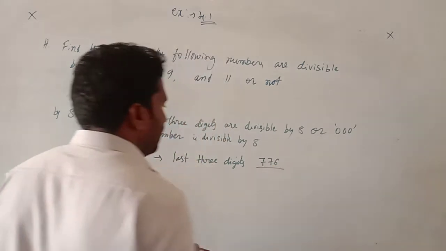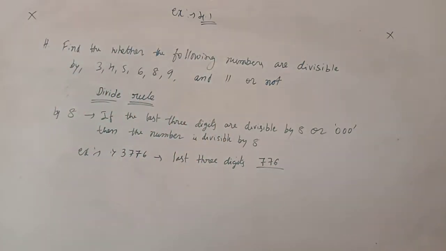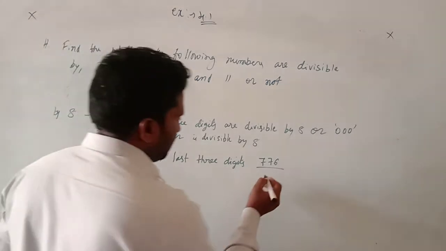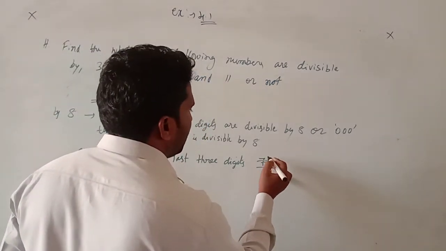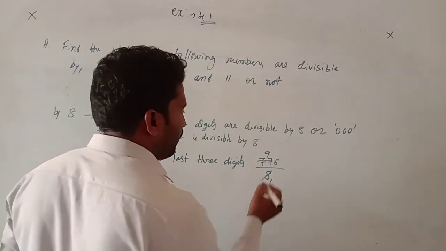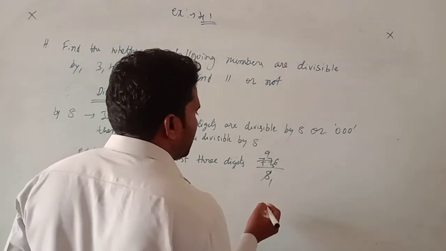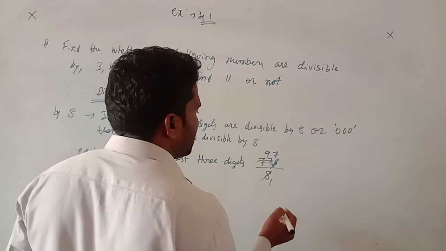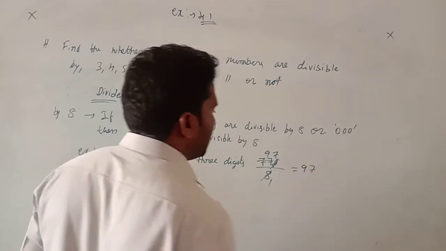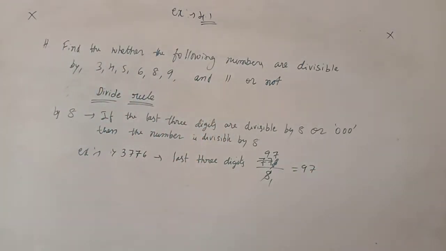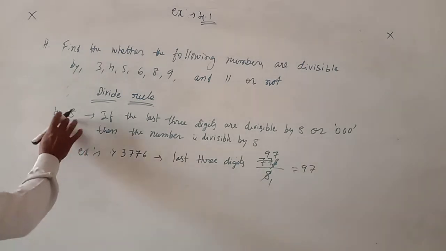So is 776 divisible by 8 or not? 8 ones are 8, 8 nines are 72, remainder is 5. 8 sevens are 56. That is 97. It is getting 97. So it means 3776 is divisible by 8.